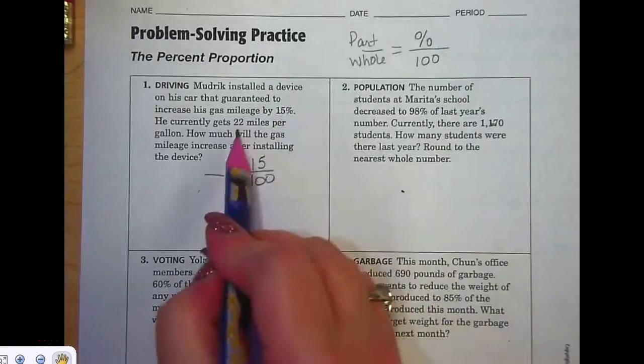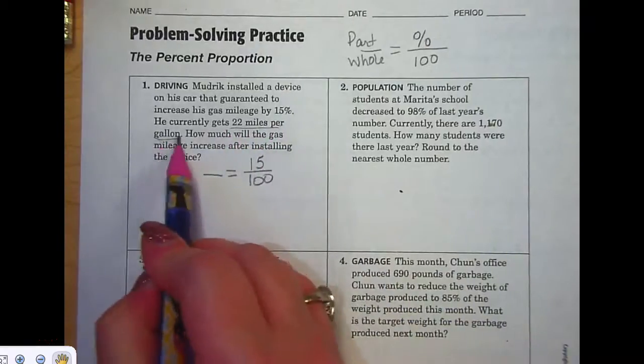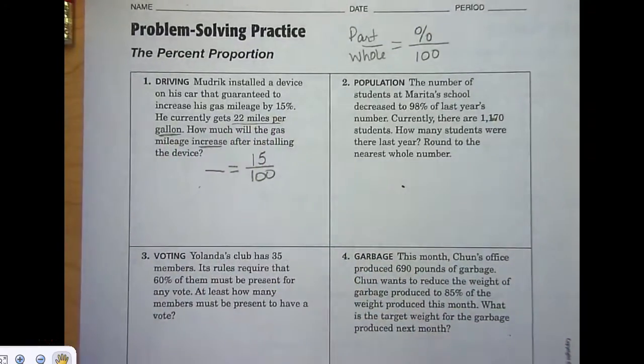He currently gets 22 miles per gallon. How much will it increase? So we have a part and a whole. Can anybody explain what you think 22 miles per gallon is, or what you think the increase would be? One of those is going to be a part and one of those is going to be a whole.